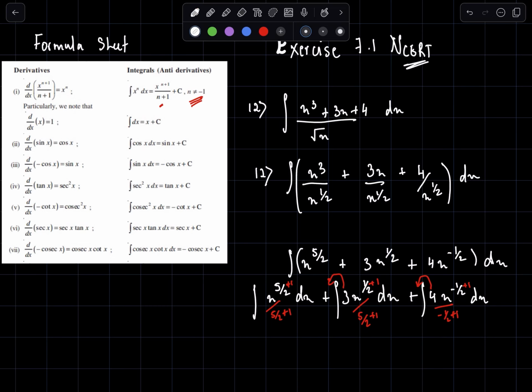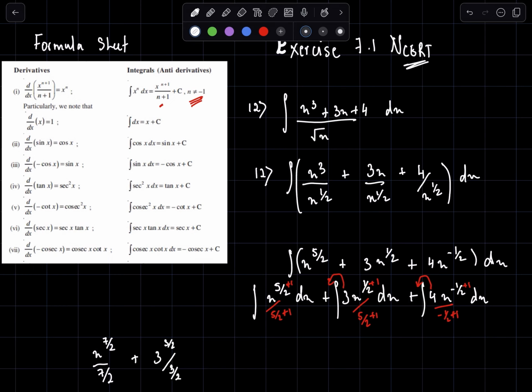So what is 5 by 2 plus 1? That would be 7 by 2. So I would have x raised to the power 7 by 2 divided by 7 over 2. Plus, half plus 1 is 3 by 2, right? So the 3 comes out times x raised to the power 3 by 2 divided by 3 by 2.